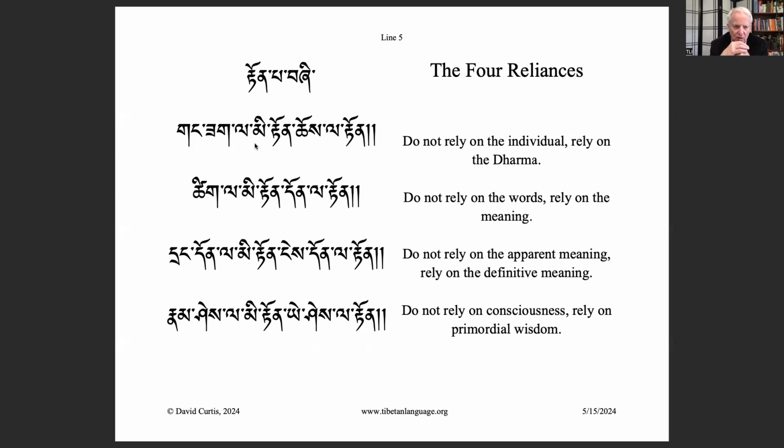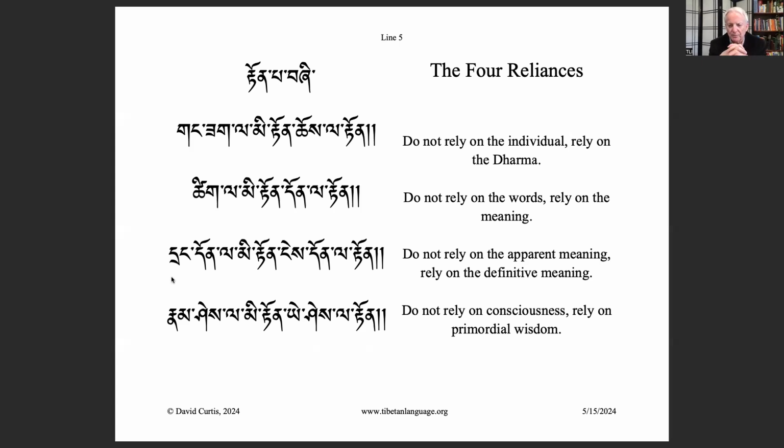Then line 2, don't rely on the words, rely on the meaning. Sikla Miten, Dunlatan. Don't rely on the words, rely on the meaning. So that's a deeper teaching, right? We're going deeper into our exploration of truth, you could say.